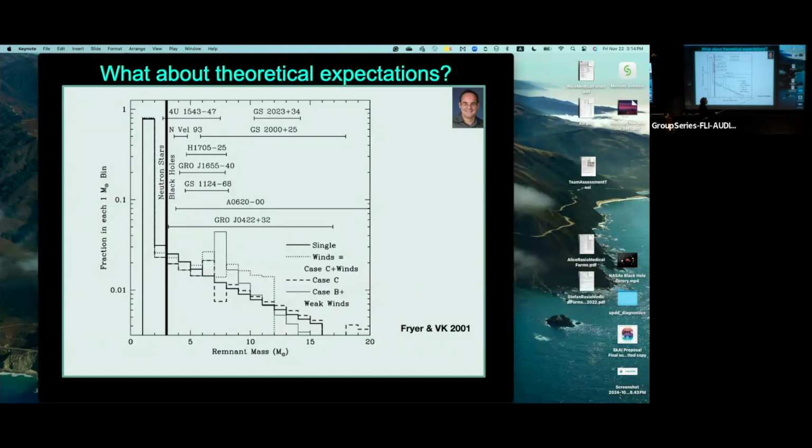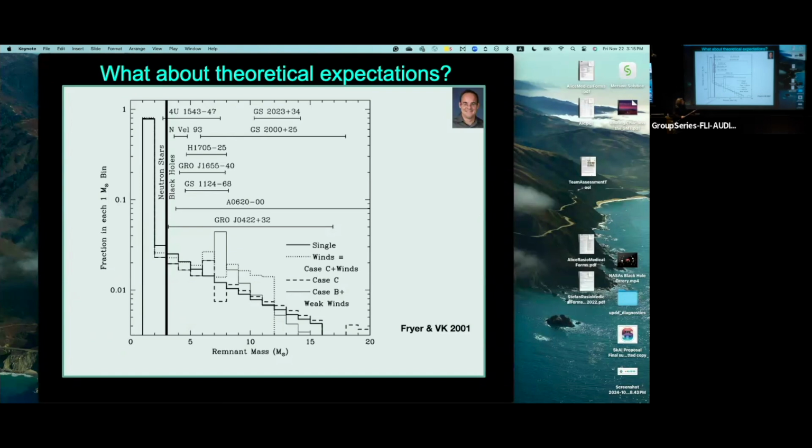I don't. Back then, in 2001, another postdoc, Chris Fryer, also now a senior person at Los Alamos, and I decided to look at core collapse simulations and their results about the masses of compact objects, and fold them in with different types of IMFs and different modeling of how binary evolution might change the expectation of the mass distribution of compact objects.